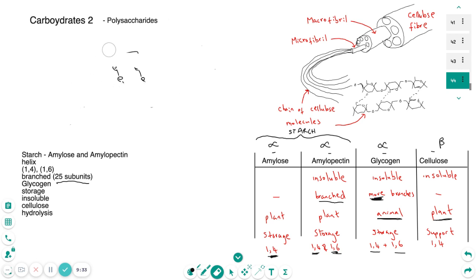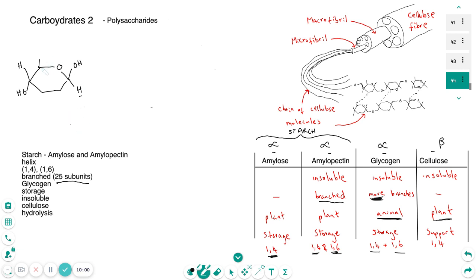So if you remember, beta glucose differs from alpha. Not there though. All this on the left hand side is the same. The only thing that differs is the hydrogen here is now below.